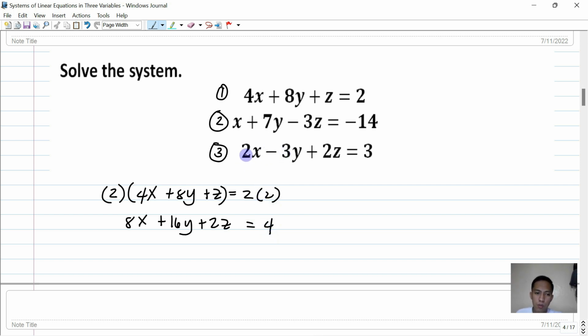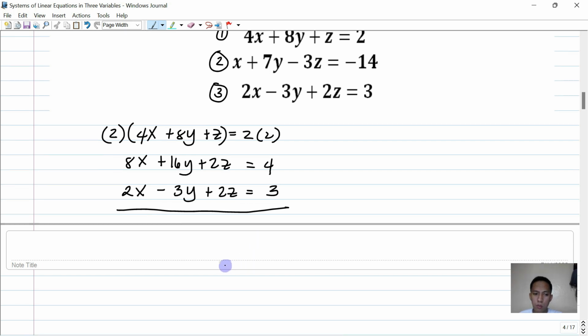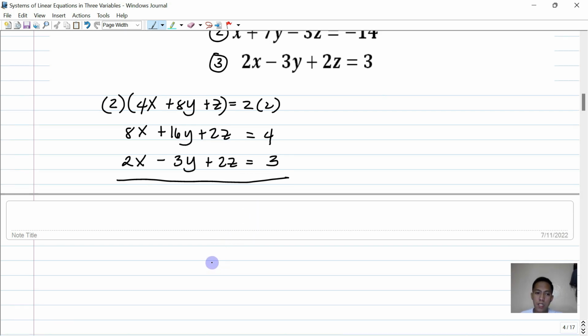So going back to equation 3, okay, that is 2x minus 3y plus 2z equals 3. So dito, we can actually reduce this to an equation wherein yung variable natin is just x and y by subtracting these two equations. Okay, so we have here same sign for 2z. So mag-subtract tayo guys.